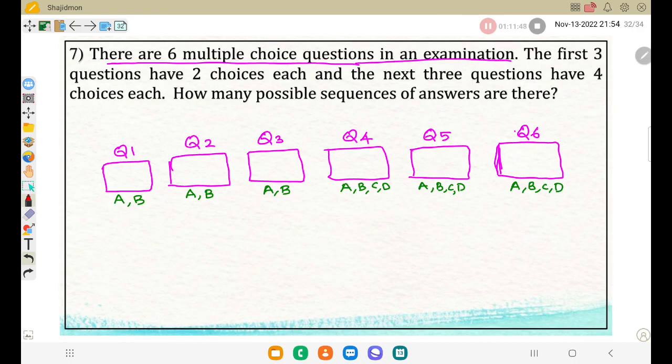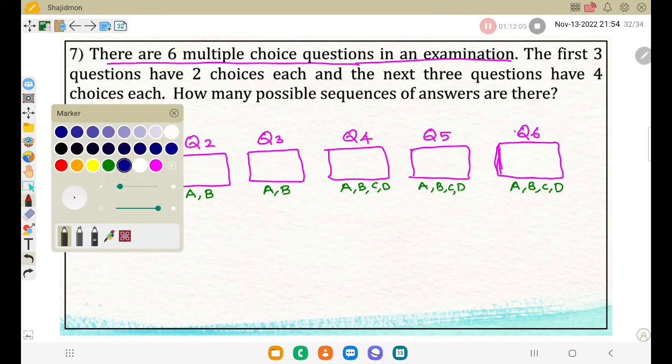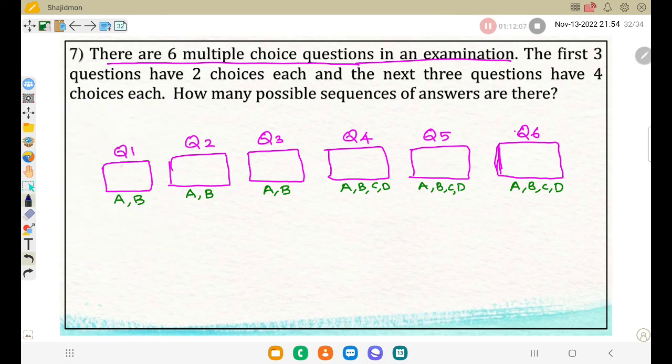So now we come to this question. There are 6 multiple choice questions in an examination. The first 3 questions have 2 choices and the next 3 questions have 4 choices. How many possible sequences of answers are there? So first question, how many possibilities? 2 possibilities, A or B. Second question, 2 possibilities.